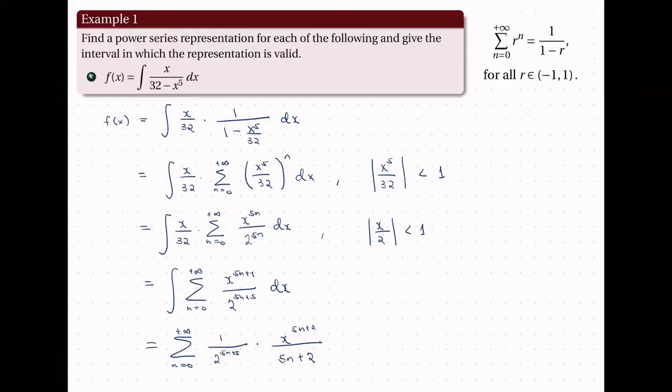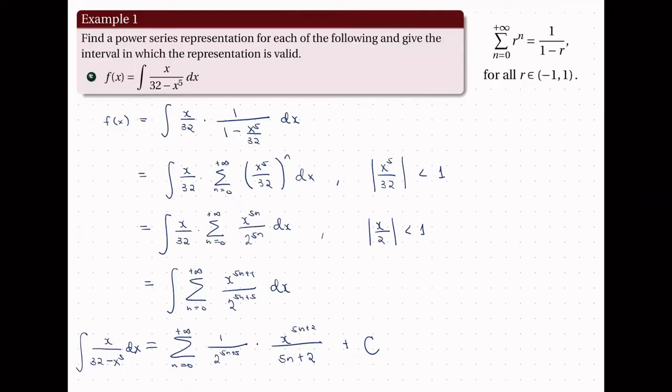And then, since this is an indefinite integral, huwag niyong kalimutan yung plus c. Okay? So this is equal to our function integral of x over 32 minus x raised to 5 dx. Okay, so again, dahil ito ay indefinite integral, hindi natin mahanap yung value ni c, no? So, i-leave nyo lang siya as is.